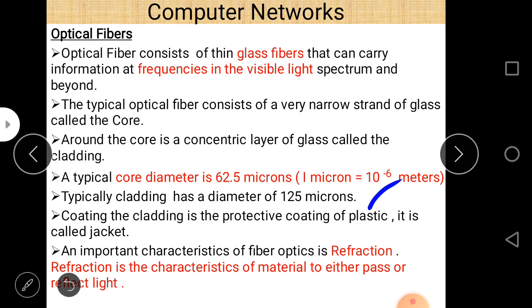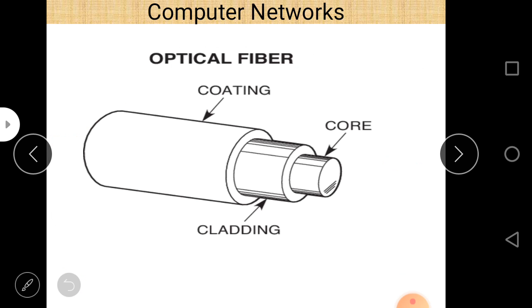Coating the cladding is a protective coating of plastic. It is called the jacket.